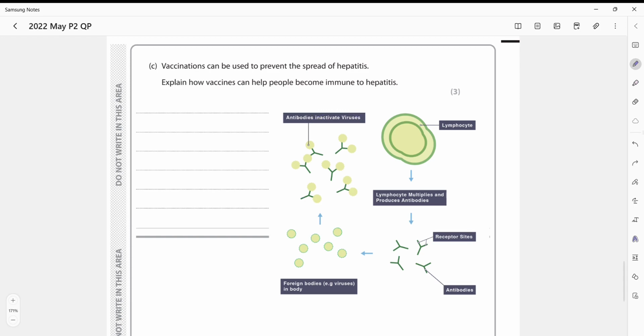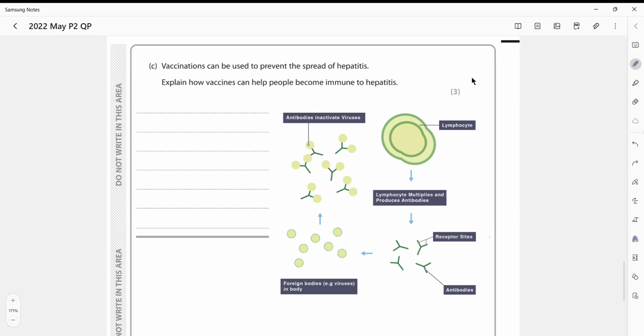At the same time, you also have memory cells, and these memory cells will stay in our body so that the next time the virus comes along, the memory cells are like, oh, hey, you've been here before, and they're able to undergo mitosis and be able to produce antibodies much faster.